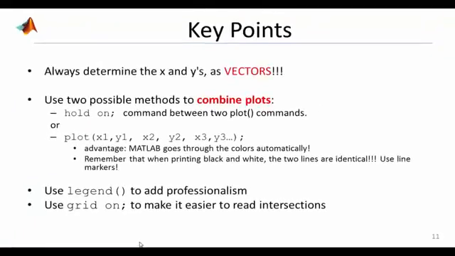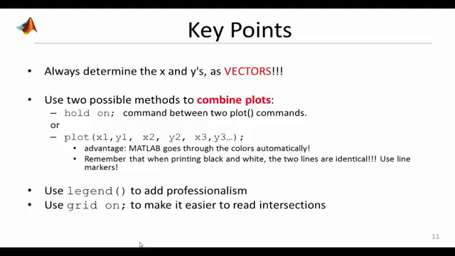The key points are to always define vectors for x's and for y's. There are two possible methods to combine plots. Either the hold on, remember to only type it once, underneath the first plot you want to hold on to. Or if you want the advantage of MATLAB going through the colors automatically, plot x, y, x, y, x, y.